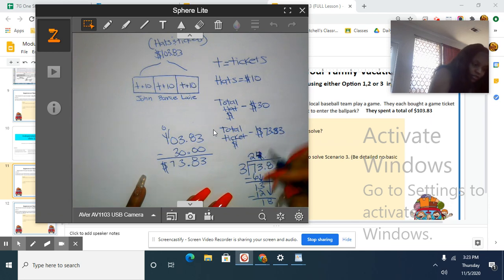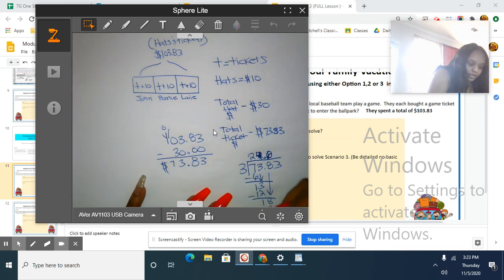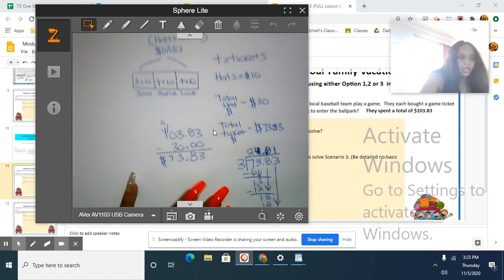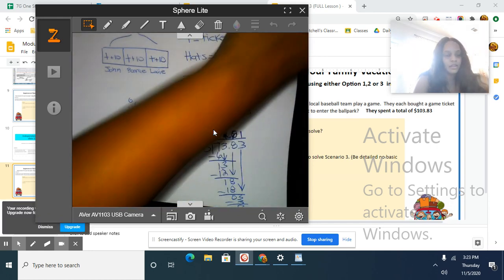That is 4, because 4 times 3 is 12. Then you bring the decimal. Sorry guys, that's a 6. So 6 times 3 is 18, we get 0, and we still bring that 3 down. And 1 times 3 is 3, and we get a remainder of 0.